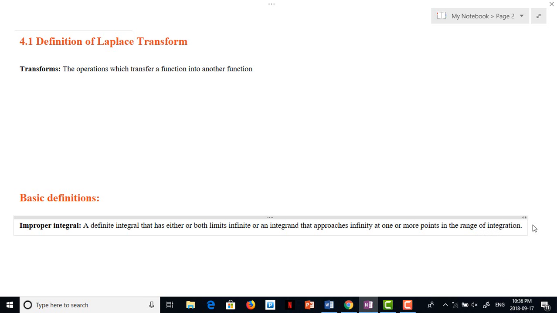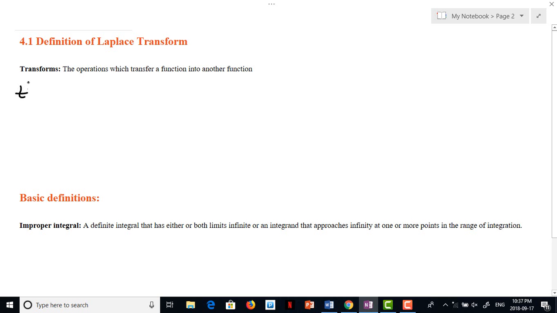Let's say we have a function like t squared, and you apply one transform like the integral. You can see that when you apply the integral to your function, you will end up with 1/3 t cubed.